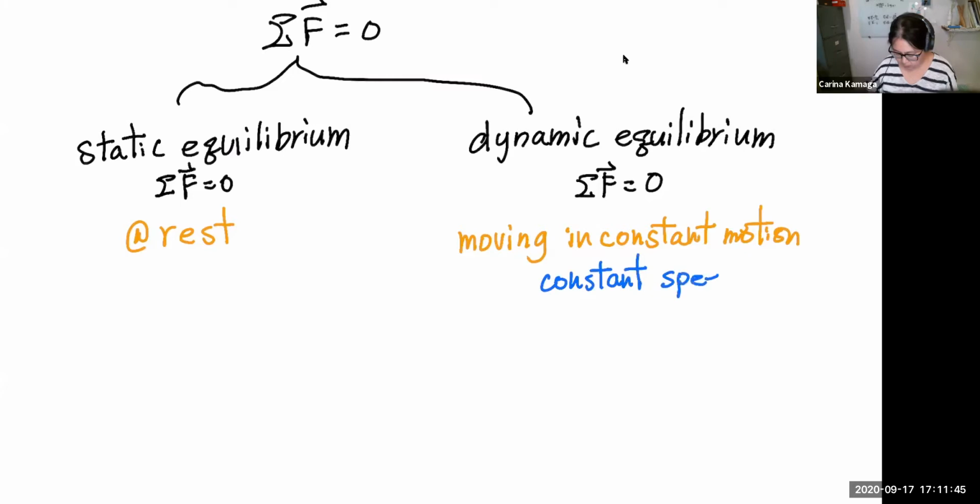It doesn't go faster or slower, just continuously moving, and in a straight line. No change in direction. So when the object is moving, but it doesn't change direction and there's no change in speed, we can say that there could be forces exerted on the object or maybe not, but the total force is 0. That object is in dynamic equilibrium.